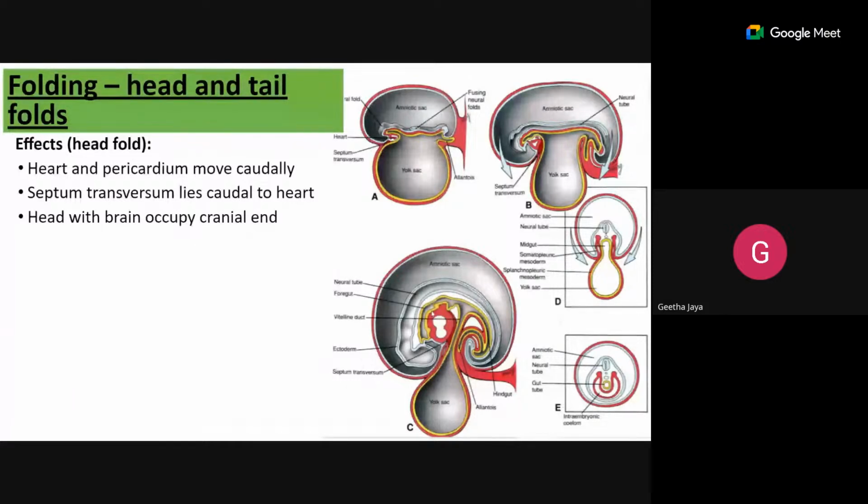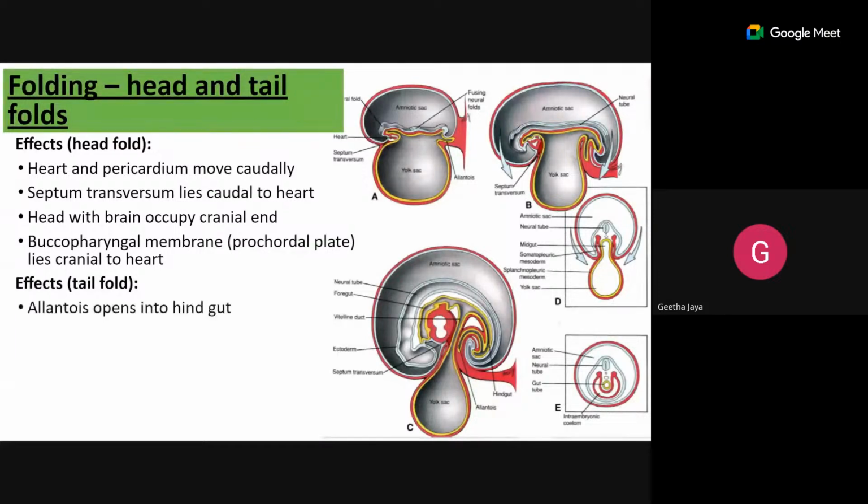So in this picture, you can see this is the embryo that lies in the amniotic cavity, which was small, lying on the dorsal side of the embryo, but now covers it from all aspects, because now the embryo is fully covered with ectoderm, and the endoderm, which was on the ventral aspect, has gone partly inside and some little bit outside to regress later. The buccopharyngeal membrane or the prochordal plate lies cranial to the heart.